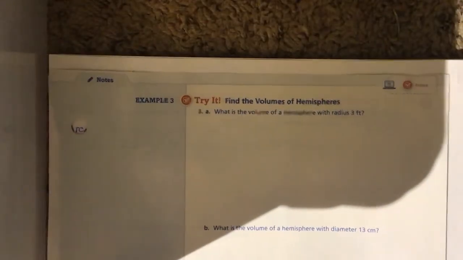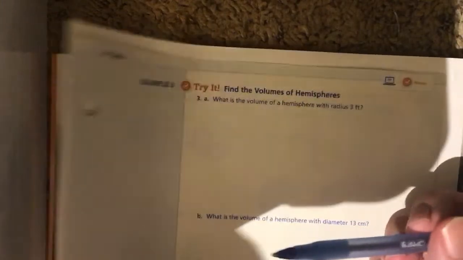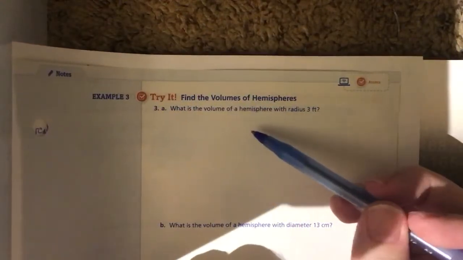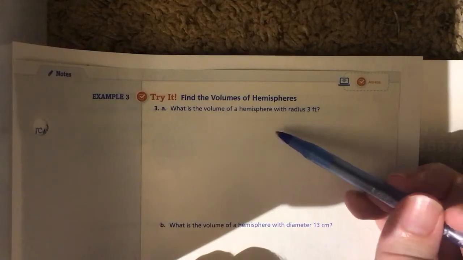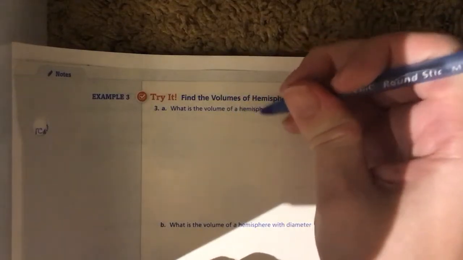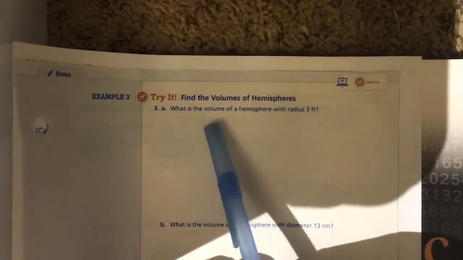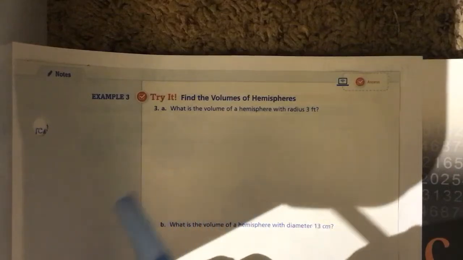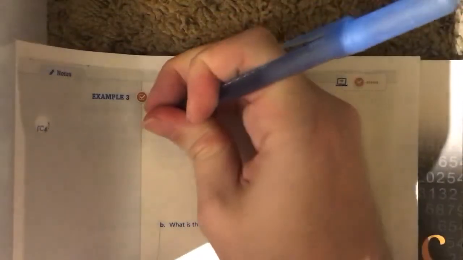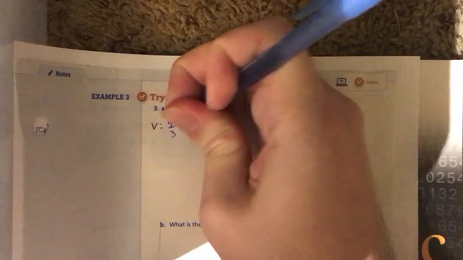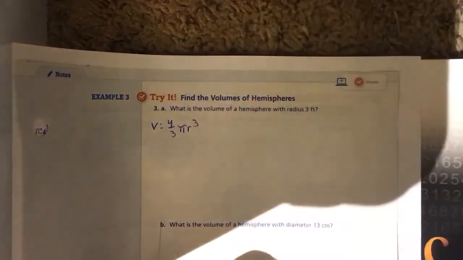Okay, let's look at these examples right here on the next page. What is the volume of a hemisphere with radius 3 feet? So remember, hemisphere means half a sphere. So what I can do is figure out the whole sphere and then just divide by 2 at the end. So remember, volume equals 4/3 pi r cubed.